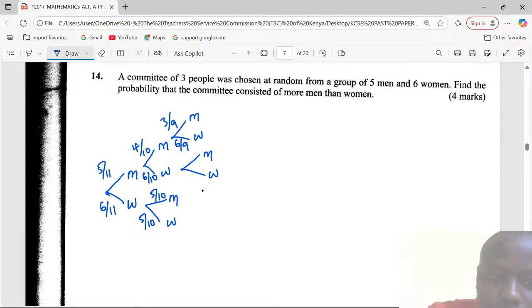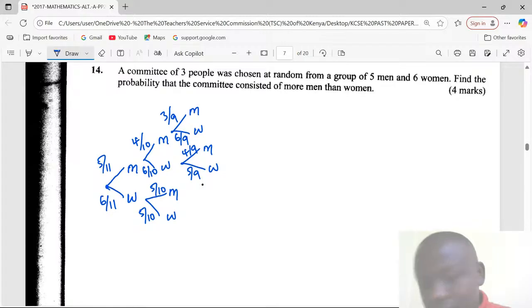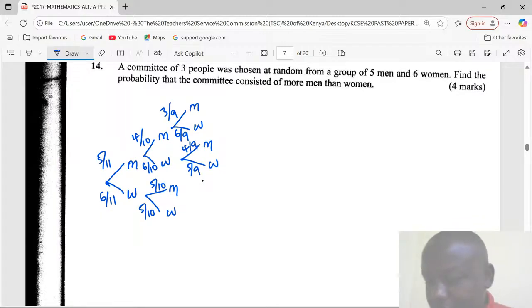When we had picked a woman, picking a woman again should go down to 5 over 9, which means for men should be 4 over 9. I'm just placing the respective values of probability so carefully, and I hope you are also very careful on the same.